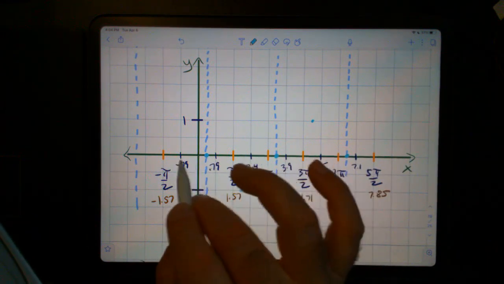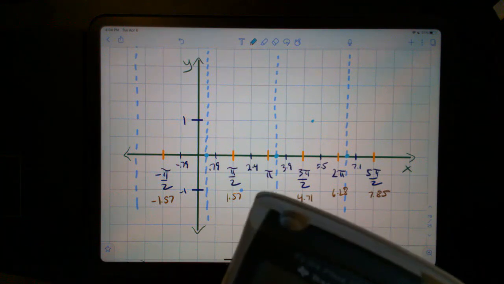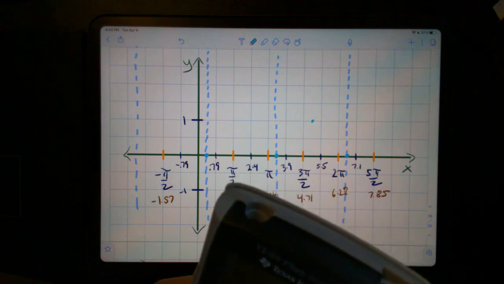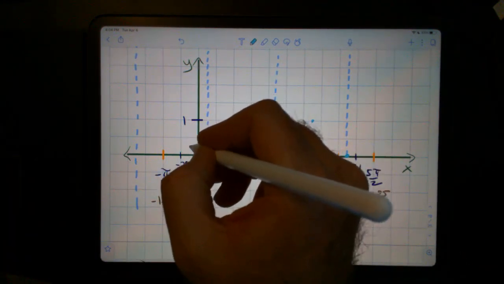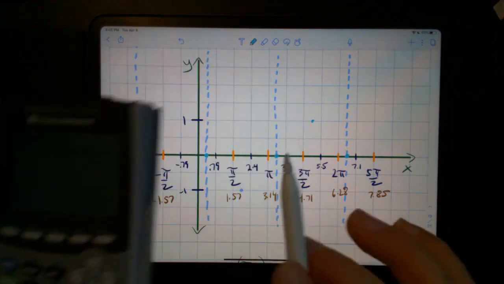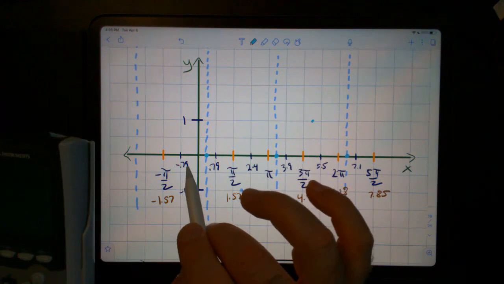And then let's look at negative 0.79 plus 1.